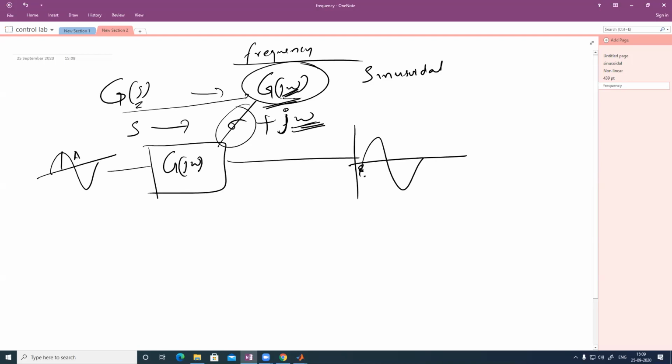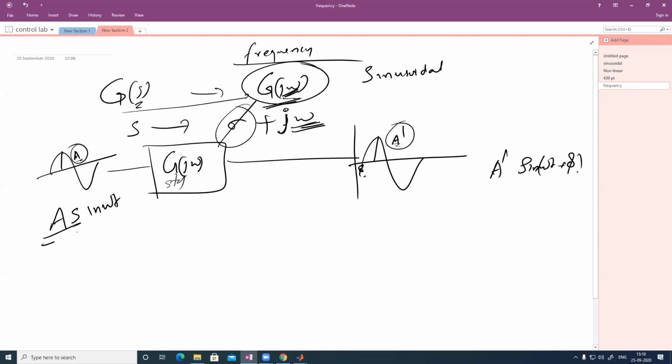And this amplitude is A, this might be A dash. So if it is a real system, the output will be A dash. Here you are giving A sin omega t. Here you will get A dash sin omega t plus phi.